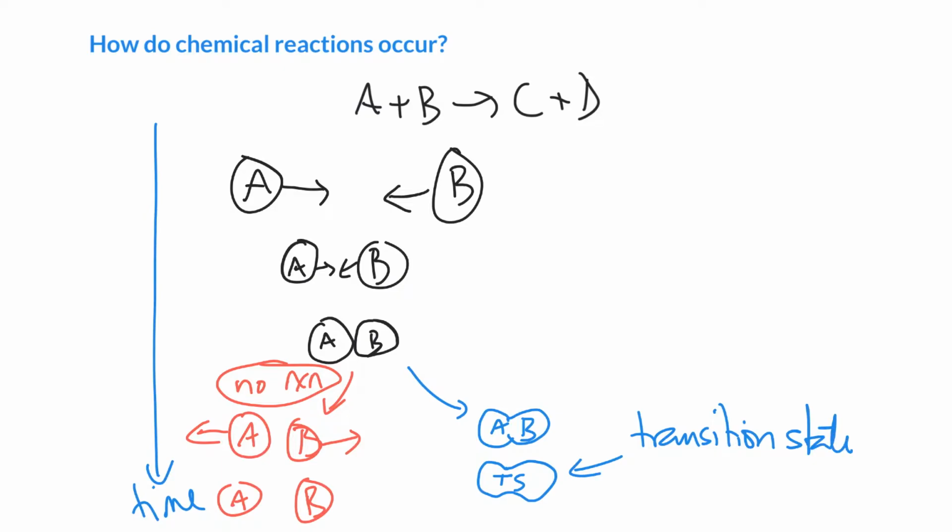So if A and B are big groups, maybe there's a hydrogen that has to swap from one to the other. And so imagine two things smashing into each other so hard they actually trade bits of each other. And then this transition state actually breaks down, and when it breaks down, it actually has the products C and D, and then they just sort of move away from each other.